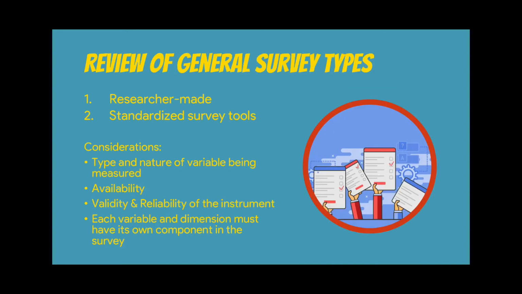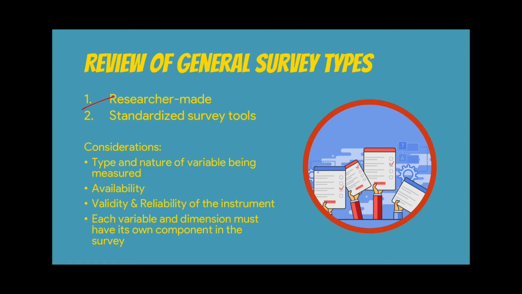So, if you remember in a previous video, we talked about the general types of survey in terms of who made those surveys. If the survey is made by you, the researcher, then that is researcher made, specifically if you made it for your research.